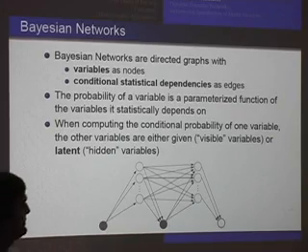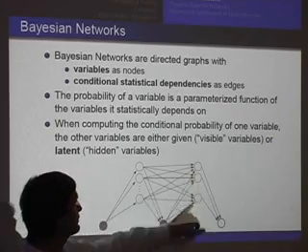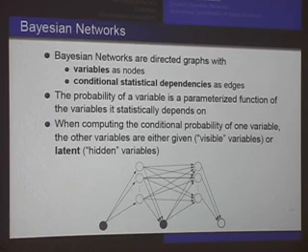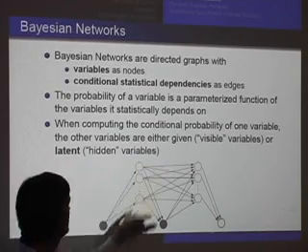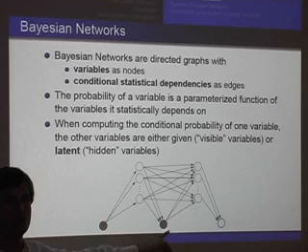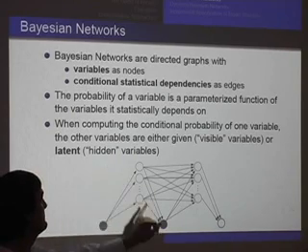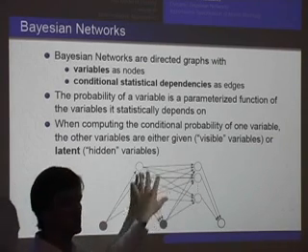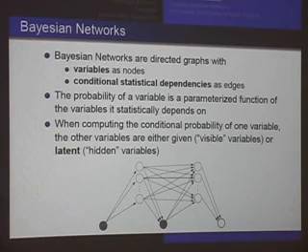The probability distribution for a given variable is a parameterized function of the input variables' values, and variables can be divided up into visible variables, the ones where we know their value, and hidden variables, the ones where we don't know their value, and we want to marginalize out those hidden variables.